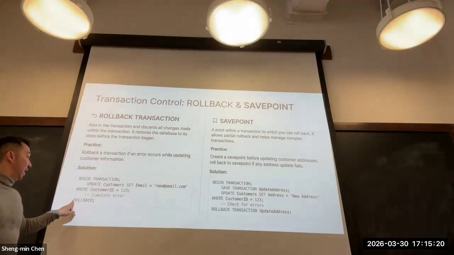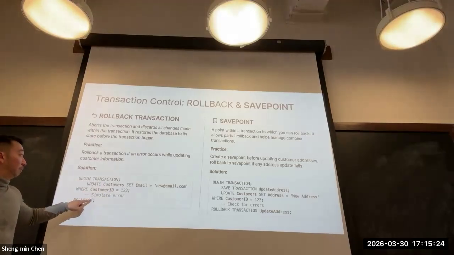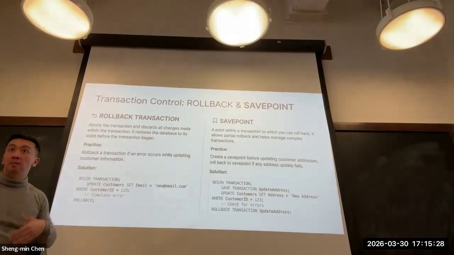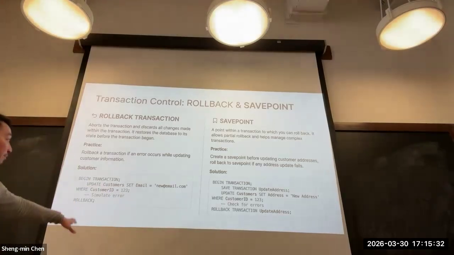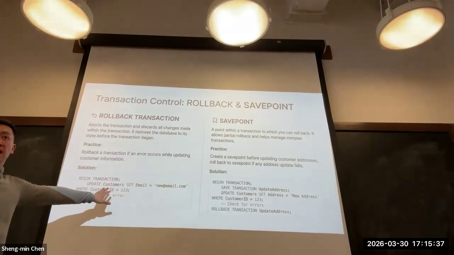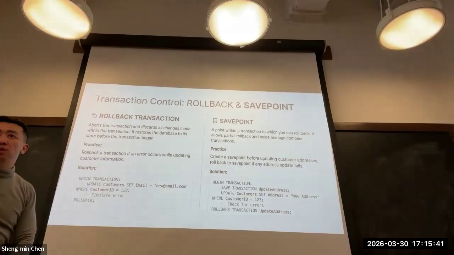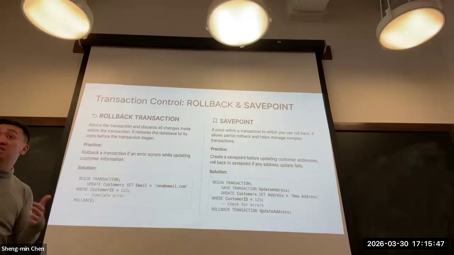You type rollback, and it goes back to like nothing ever happened before. Or maybe you do an update and then realize this customer ID is not actually 123, it's actually 125, and you made a mistake. So you roll back, and the database will feel like nothing happened.